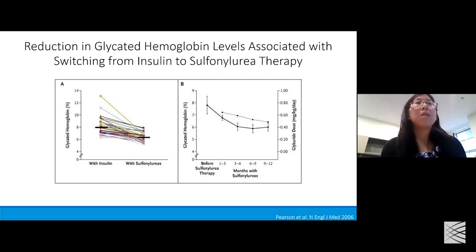Here this panel illustrates individuals that were on insulin initially and then transitioned to a sulfonylurea and had improvement of their hemoglobin A1C. And it's very remarkable that these individuals were able to come off of an insulin injection and be treated with an oral agent due to our understanding of the underlying mechanism.